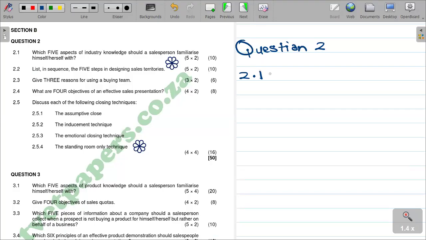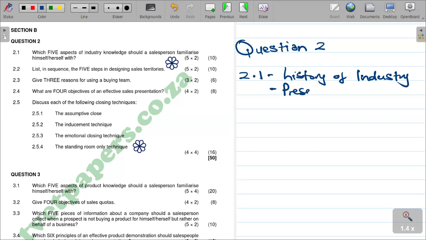A salesperson should familiarize himself with the history of the industry. And also with the present developments in the industry.